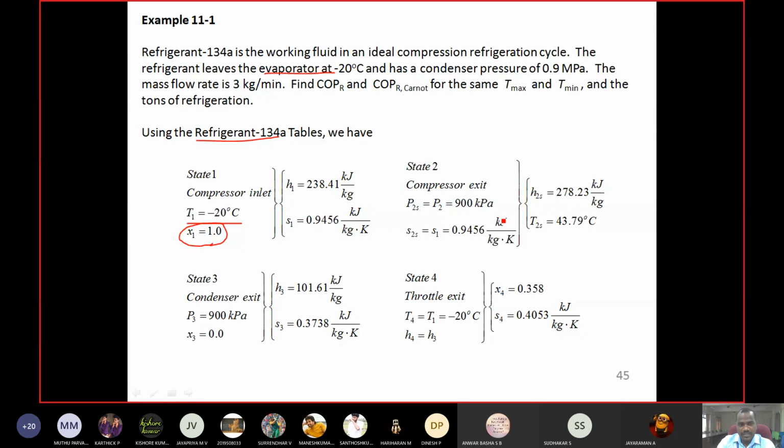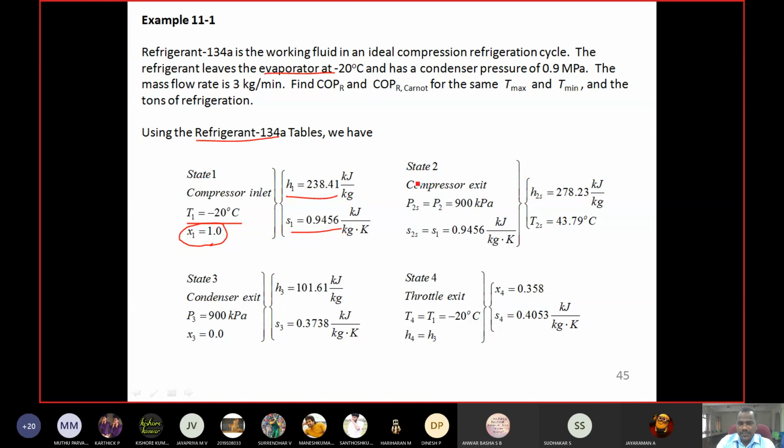So X is 1 and T is minus 20. If you refer to the temperature table, we can get the H1 value and S1 value, taking the hg and sg values directly from the property tables and charts.